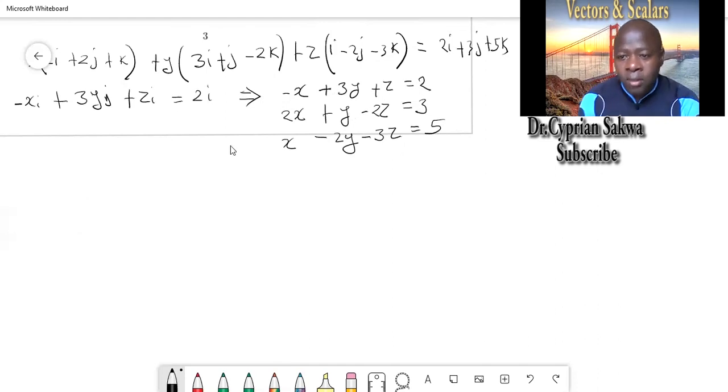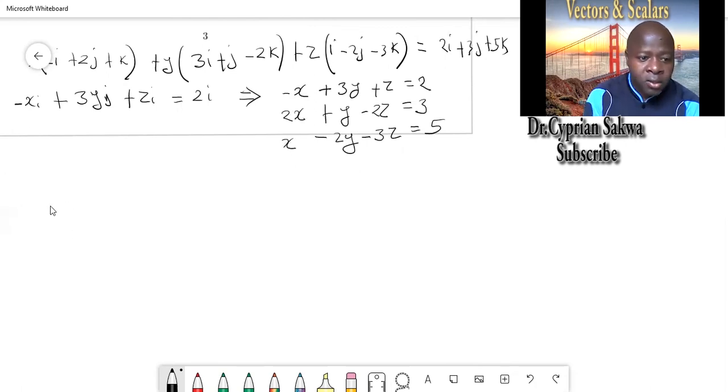Now, how to solve this? You can check my other video on solving systems of linear equations. I'll use this element here to clear the elements below it in the first column. So I want this one to be 0 and this one also to be 0.